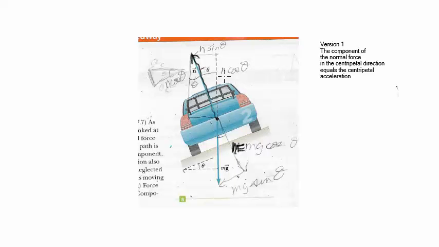Then this component would be mg cosine squared theta, and this component here would be mg cosine theta sine theta, because this is angle theta up here.